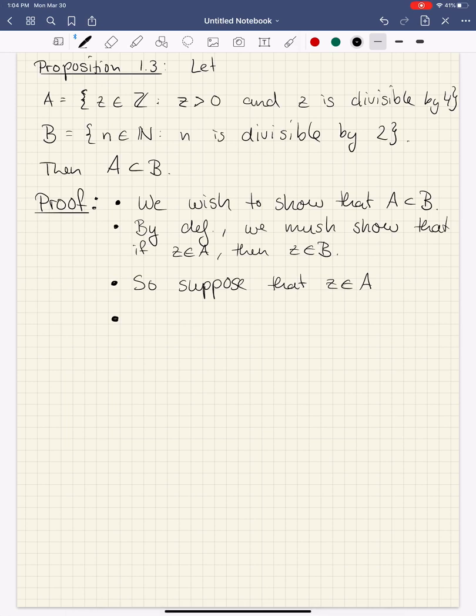We want to use that z is in A. So as z is in A, we're going to unravel the definition of A. The definition of A ensures that z is an integer and greater than 0.